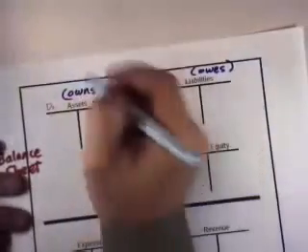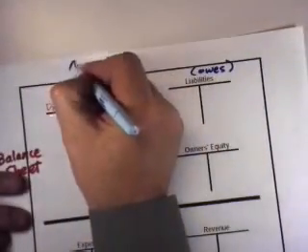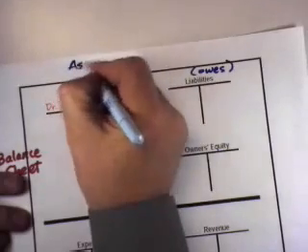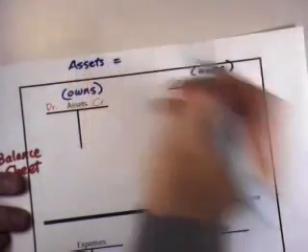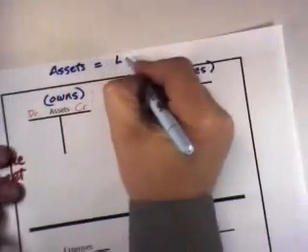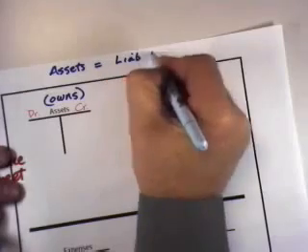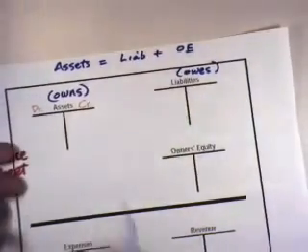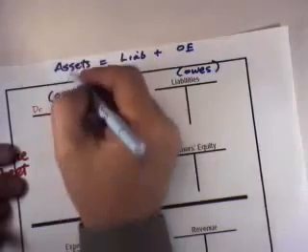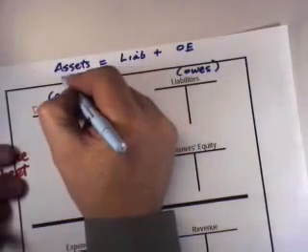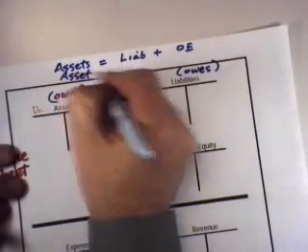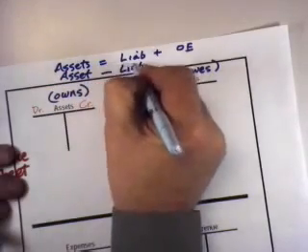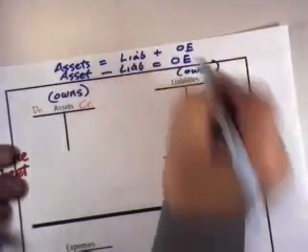And then we have an accounting equation that looks like this. Assets equals liabilities plus owner's equity. And if you can algebraically reverse that around, you can get assets minus liabilities equals owner's equity.